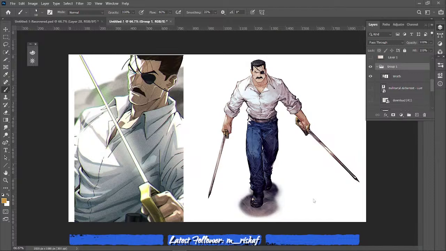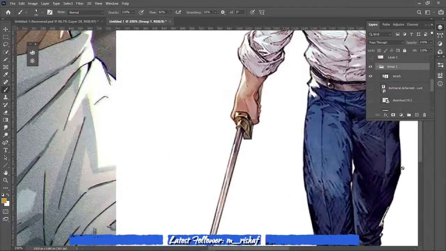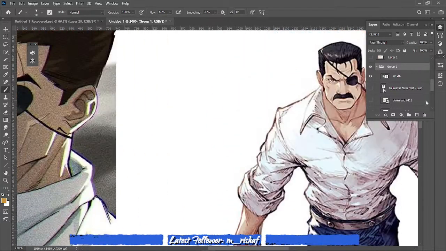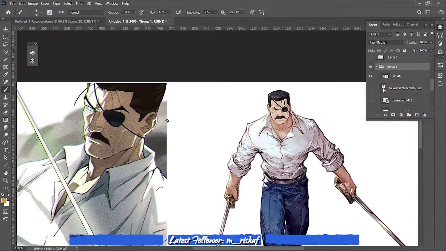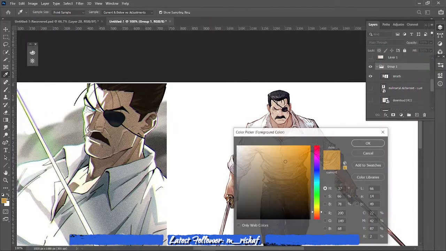And if you can see, this character mostly has square shapes and straight lines. Even the jaw is drawn in a square shape.